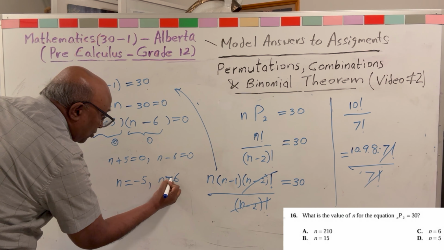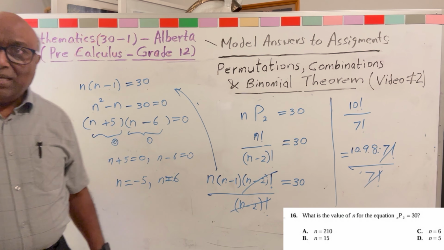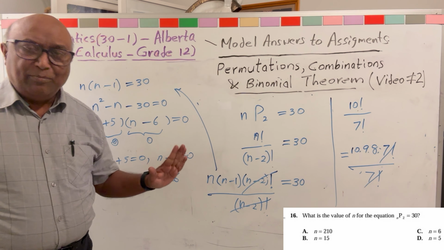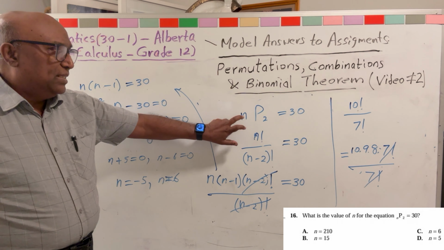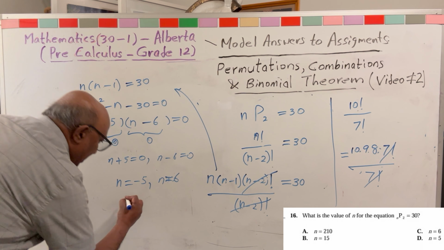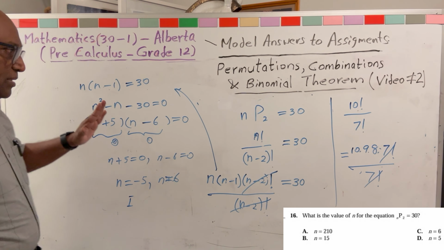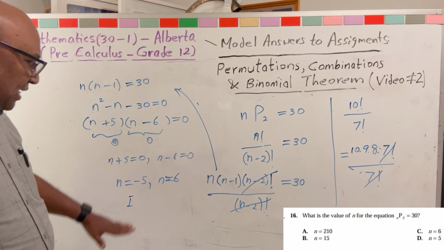Okay, there are two answers. Out of these two answers, you have to accept the positive answer only, because from the beginning we say these numbers should always be positive integers. This is for your knowledge, okay? If it is a multiple choice question, just save the time.